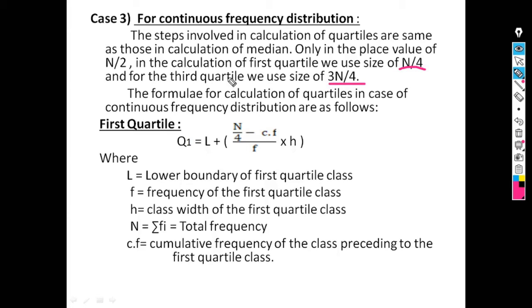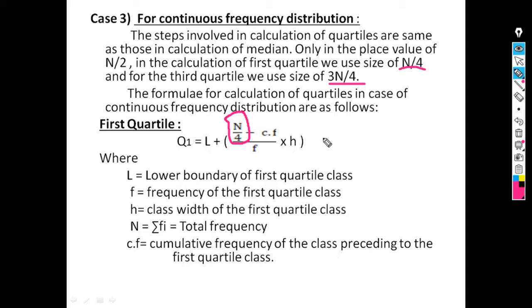So the formula for the first quartile is Q1 equal to L plus (n by 4 minus Cf) upon f into h. All notations are the same. First we have to calculate the value of n by 4. After calculating n by 4, we have to decide our Q1 class, that is the first quartile class.